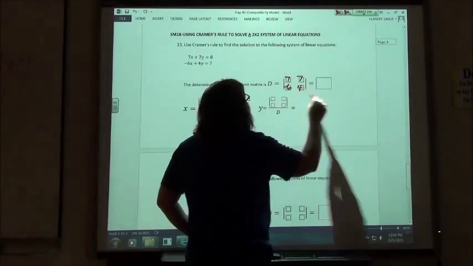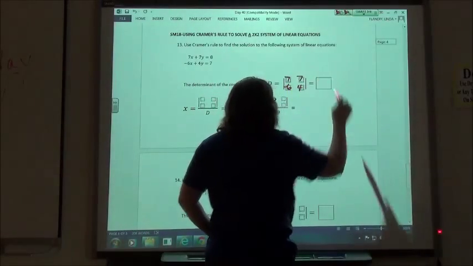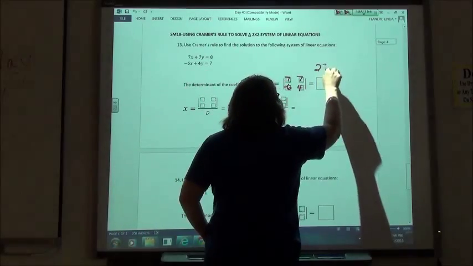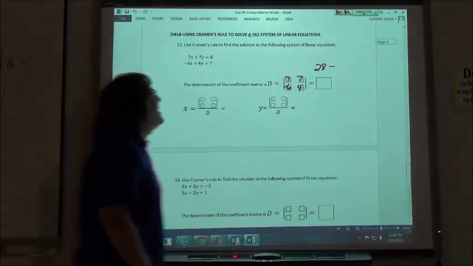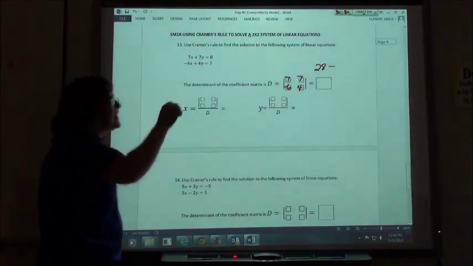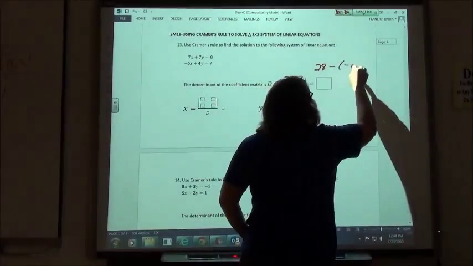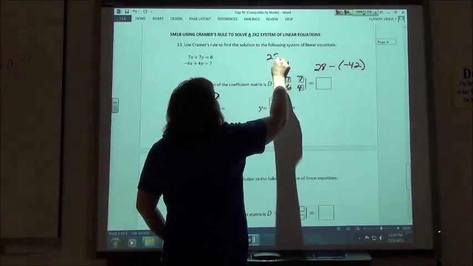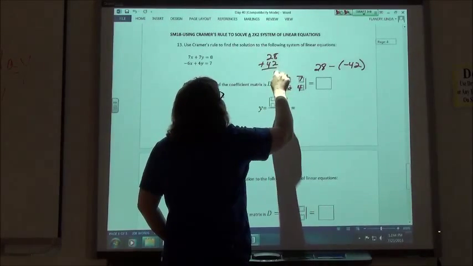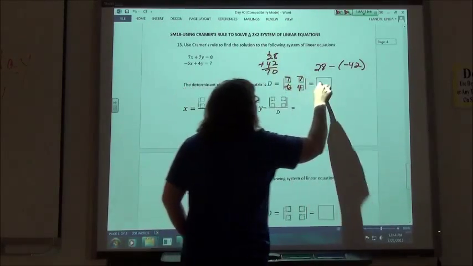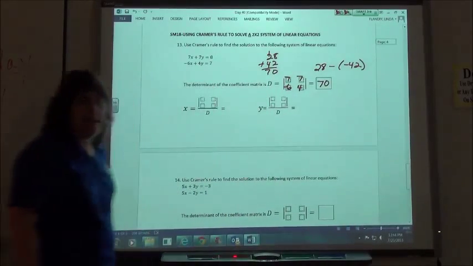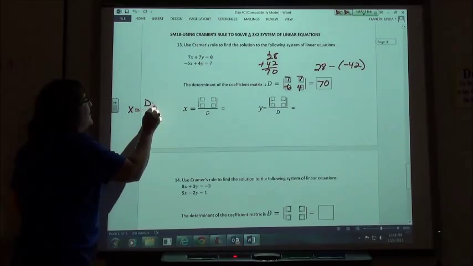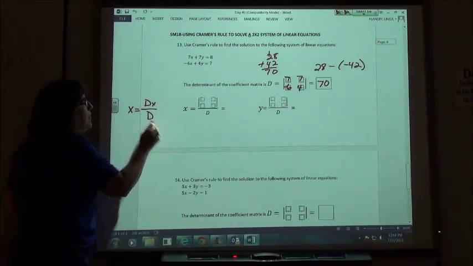So 7 times 4 is 28. I'm going to subtract negative 6 times 7, which is negative 42. So I have to take 28 plus 42, which gives me 70.